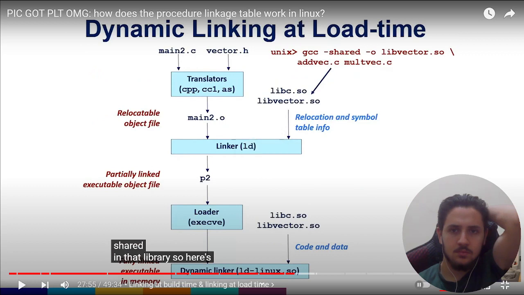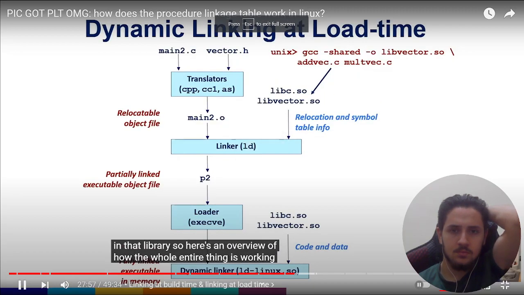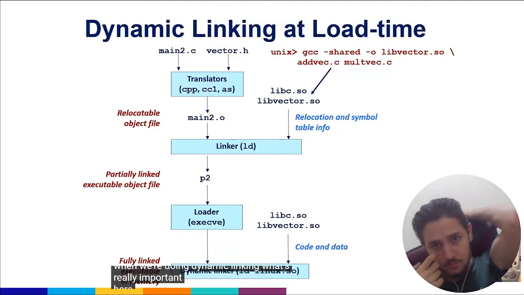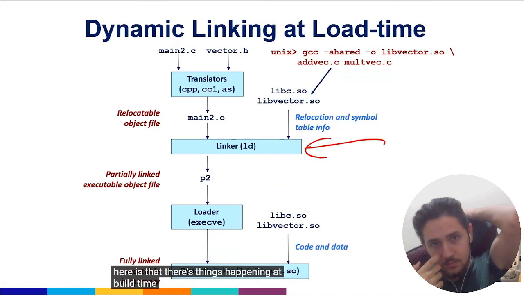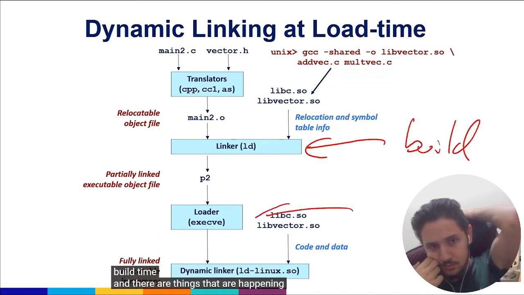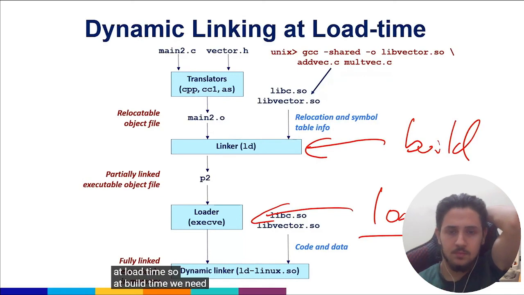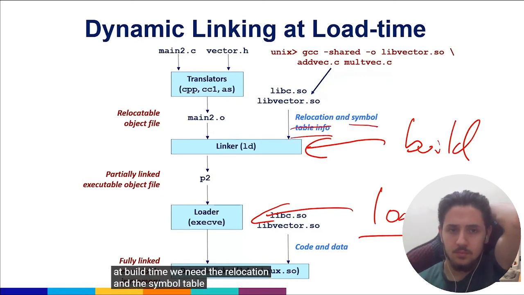So here's an overview of how the whole thing is working when we're doing dynamic linking. What's really important here is that there are things happening at build time and things happening at load time. At build time, we need the relocation and the symbol table information.